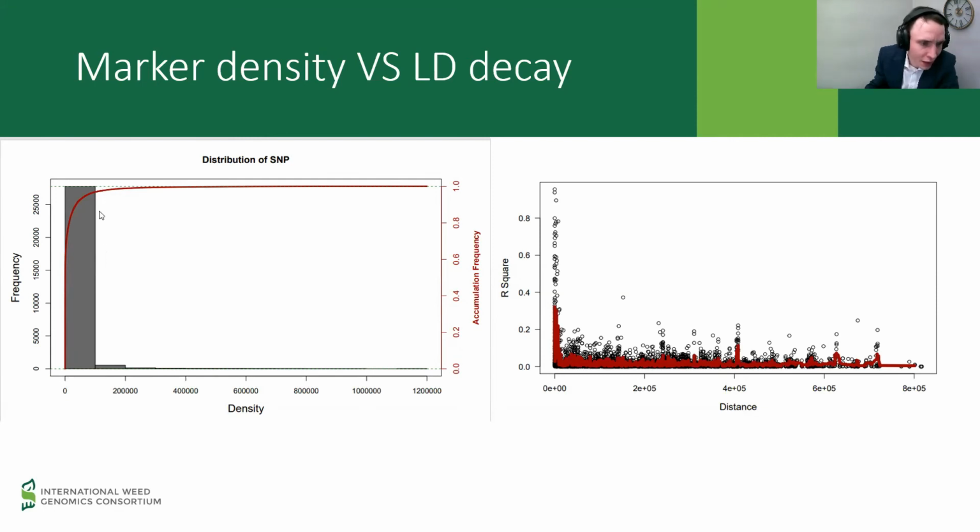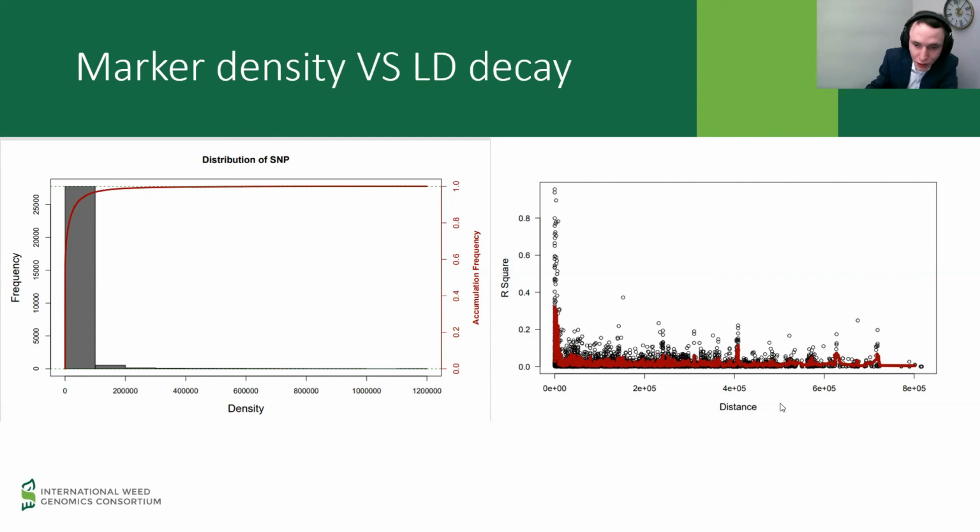It's a histogram. What we want to see is that most of the markers are fairly close to the other markers, and that the percent accumulation of all of the markers is largely close to 0 or within a small number. And that shows that you have a high marker coverage.